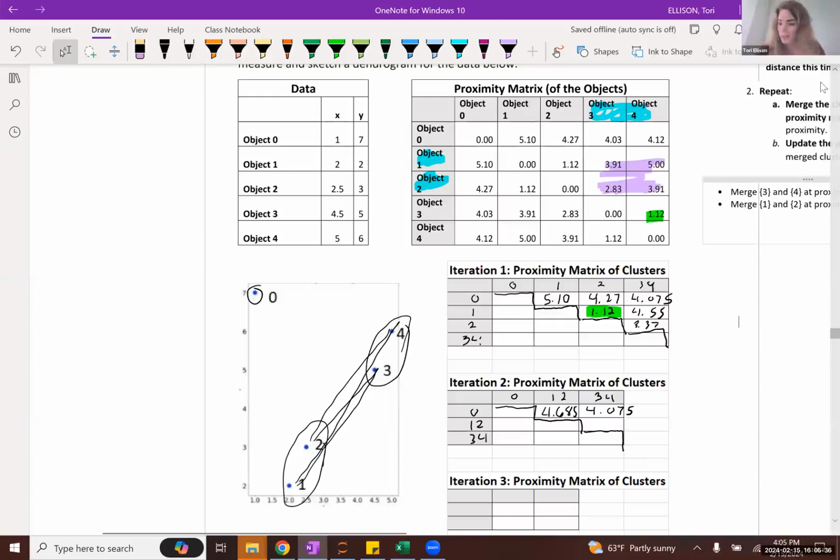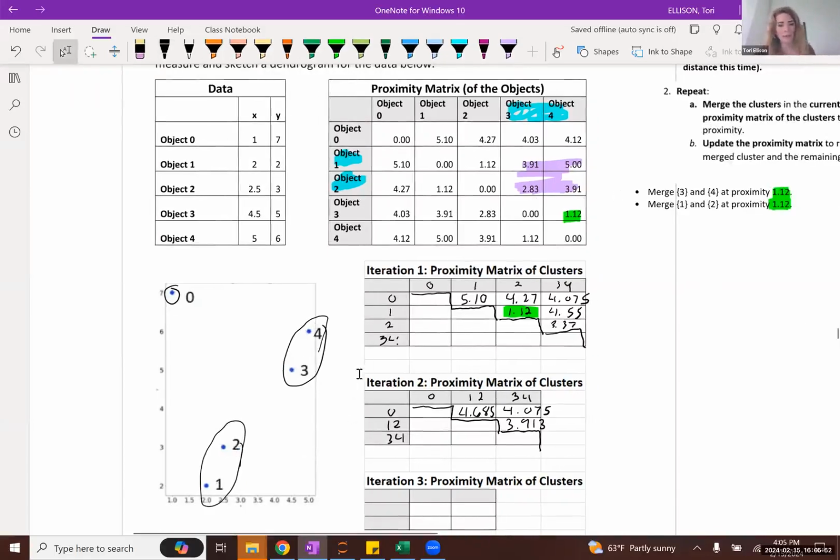So when we do that, we get a proximity of 3.913. All right, so we have our new updated proximity matrix of clusters. Then we move on to the next iteration.